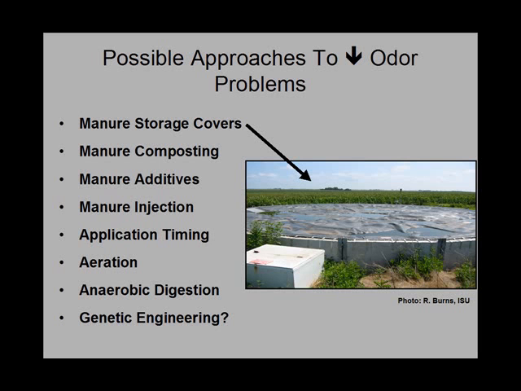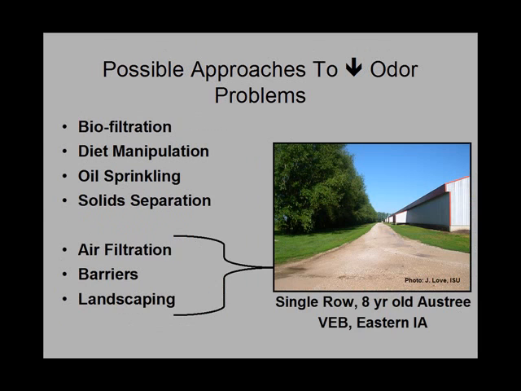Different kinds of digestion. I noticed that there were some vendors that are dealing with this kind of an issue. There's potential for genetic engineering of the animals themselves to deal with lowering different kinds of emissions and so on. Other technologies, biofiltration. Jay Harmon at Iowa State University is doing a lot of research on that. Diet manipulation, oil sprinkling to keep dust down, solid separation, and so on.